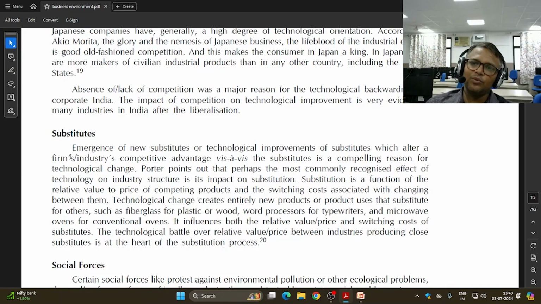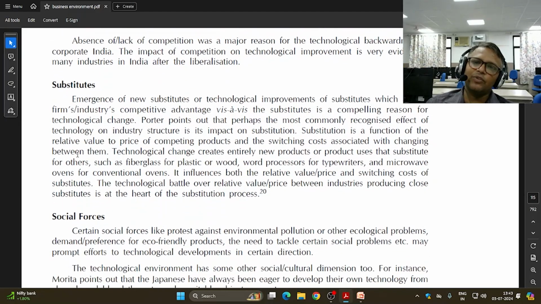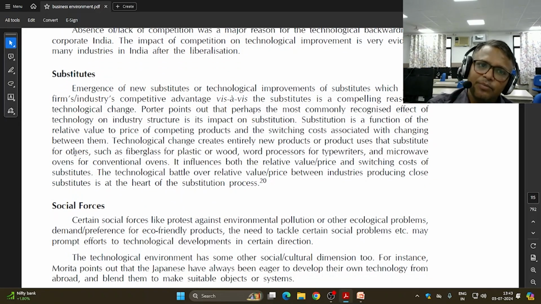The next is substitutes. The emergence of new substitutes, or technological improvement of substitutes, which alters the firm's industry competitive advantage vis-a-vis the substitutes, is a compelling reason for technological change. Authors point out that perhaps the most commonly recognized effect of technology on industry structure is its impact on substitution. Substitution is a function of the relative value to price of competing products and the switching cost associated with changing between them.